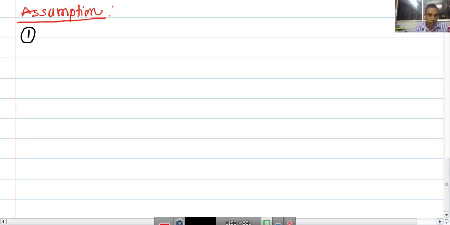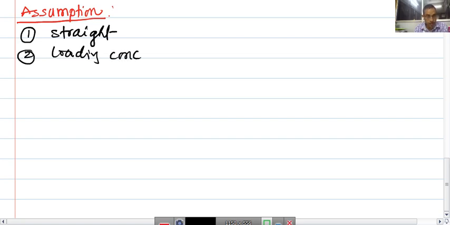One, the column must be straight, which generally a column is not straight, and the loading must be concentric. The general loading is not concentric, right, and even the material is uniform, right.